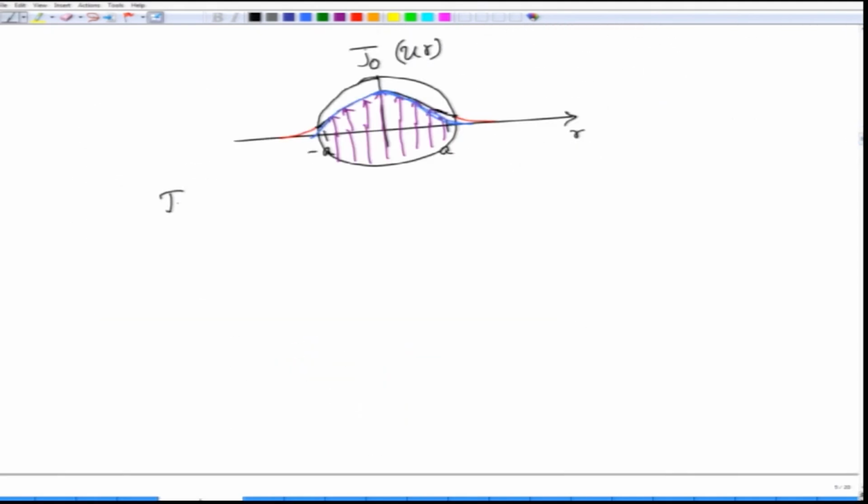Plot J0 square of x, say, x from 0 to 2.405, and similarly plot a Gaussian function, e to the power minus alpha x square by a square. So, this would be J0 square x by a. If you plot these two and adjust the amplitude, you will be able to approximate a Bessel function by a Gaussian function.